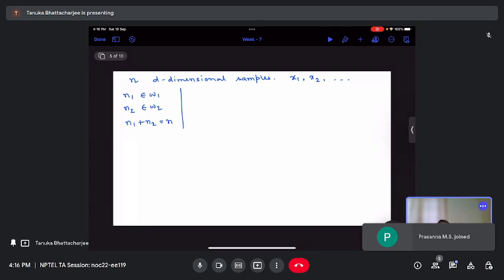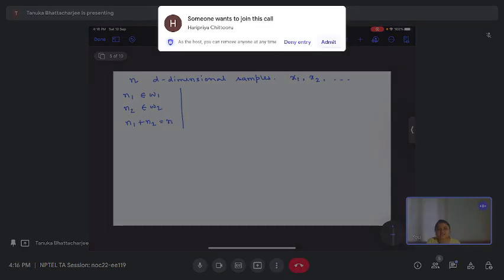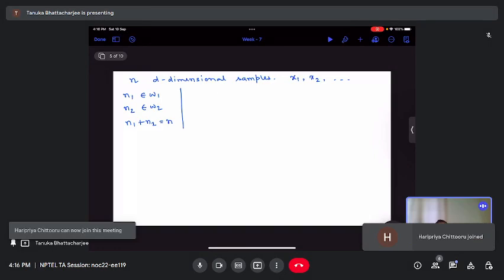So in case of MDA, we capture this interclass scatter by the difference of the means of the two classes.